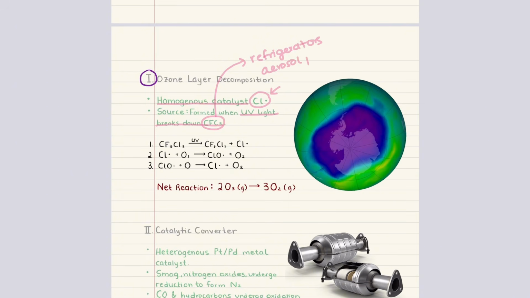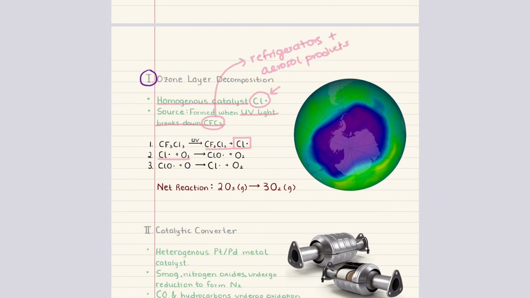When UV radiation strikes a chlorofluorocarbon molecule, it's going to break the carbon-chlorine bond, and it releases a chlorine radical. Once a chlorine radical is present, it immediately enters a catalytic cycle that destroys ozone.